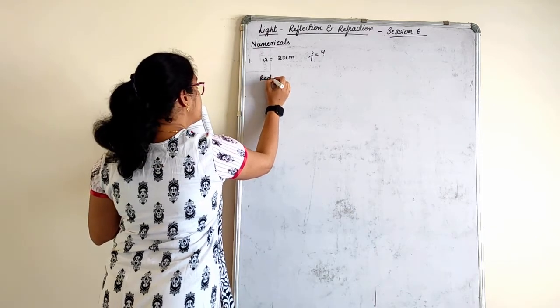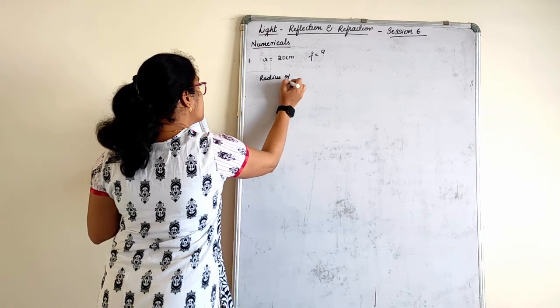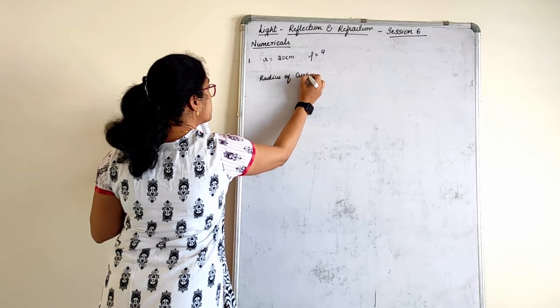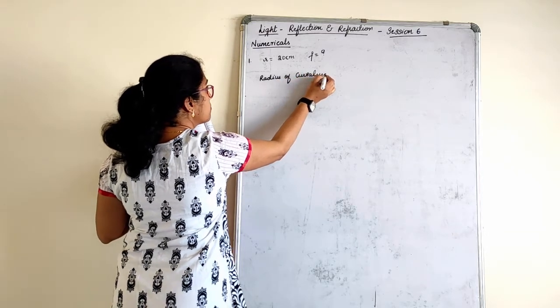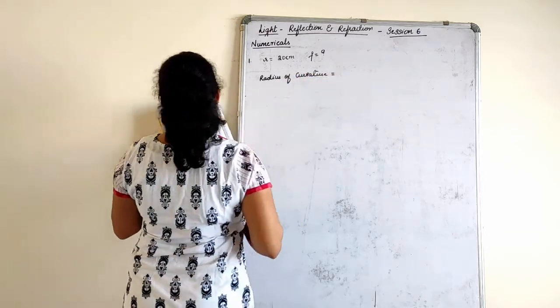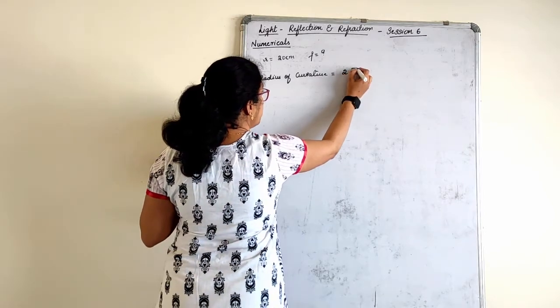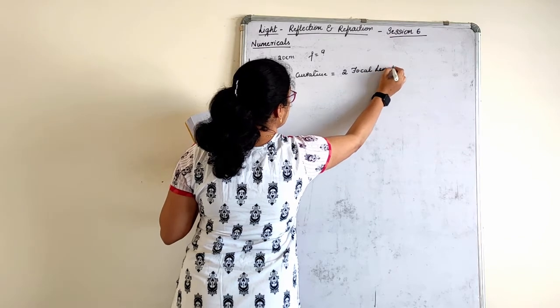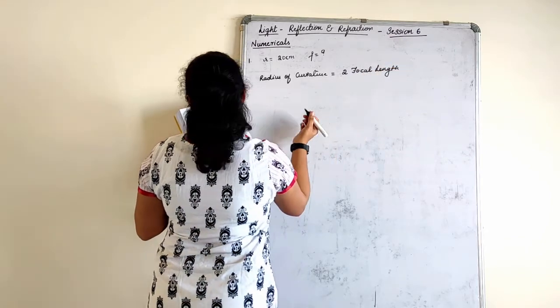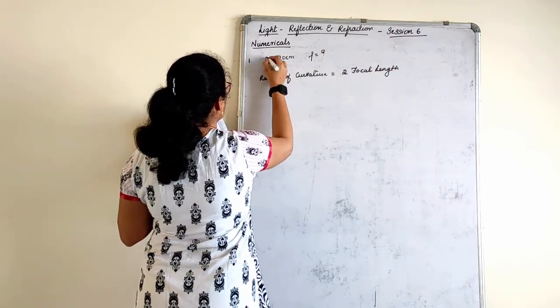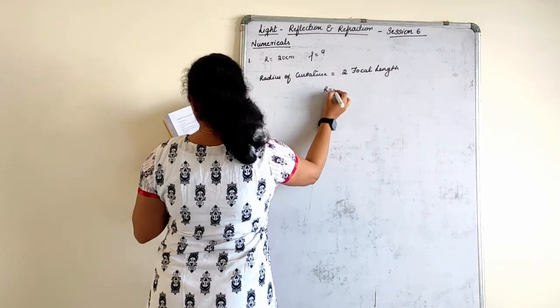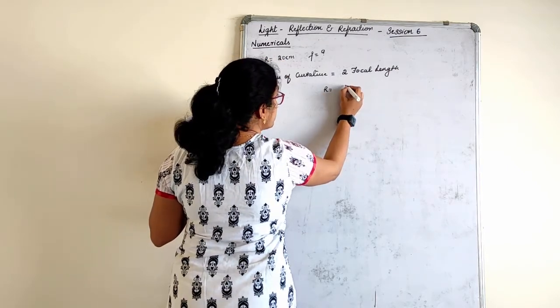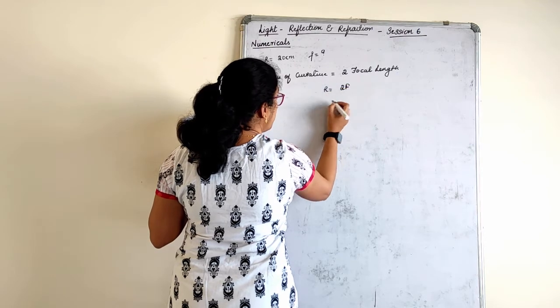Radius of curvature is nothing but twice the focal length, correct? This relation has to be mentioned. So I can say, use this as capital R. So R is equal to 2 times of f.